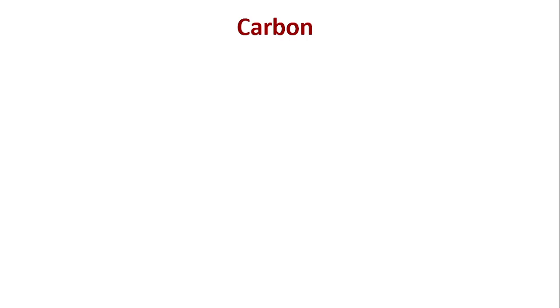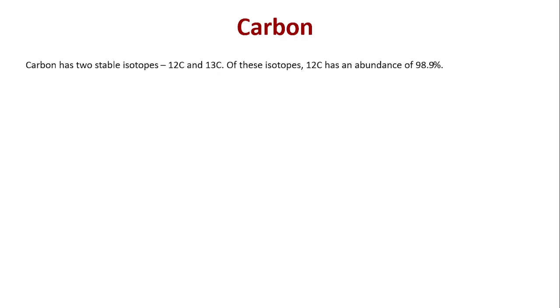Okay, carbon. Carbon has 2 stable isotopes, carbon 12 and carbon 13. Carbon 12 is the most common type of isotope of carbon, and it forms 98.9% of the carbon in the universe.